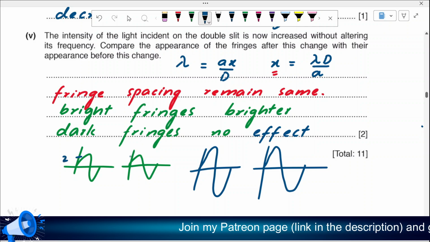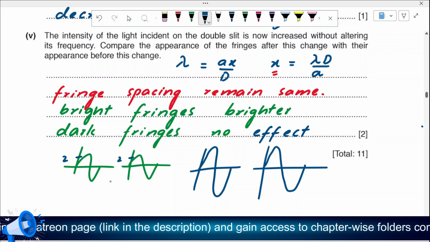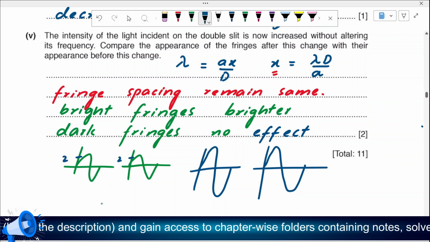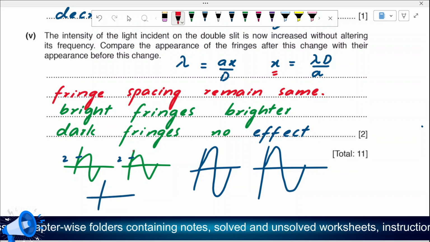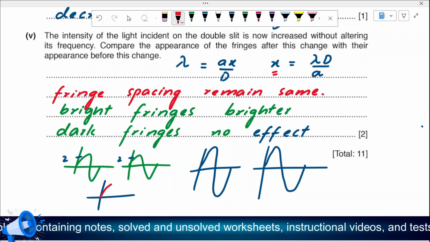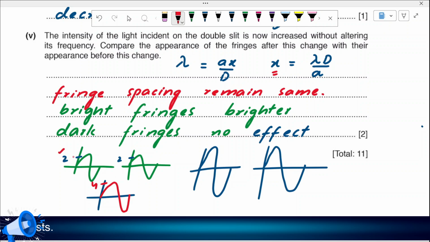So initial value, let's assume 2 and 2. The overall amplitude for the constructive interference would now be 4. Hence, the bright fringe would be brighter because it has the amplitude 4. But for the destructive interference, 2 would combine with -2, and you'll be getting 0.